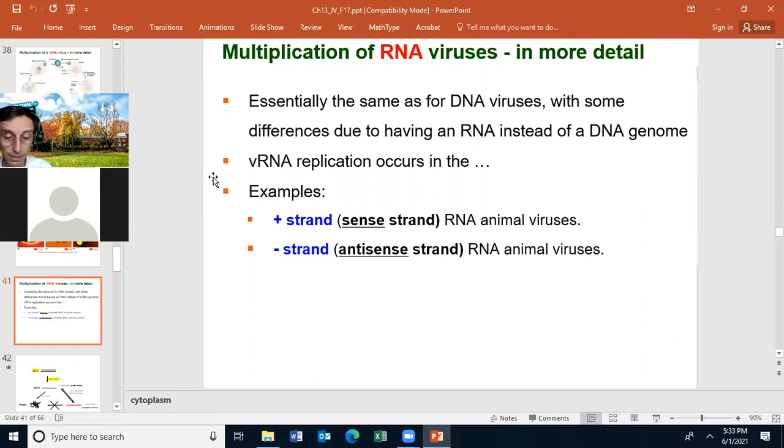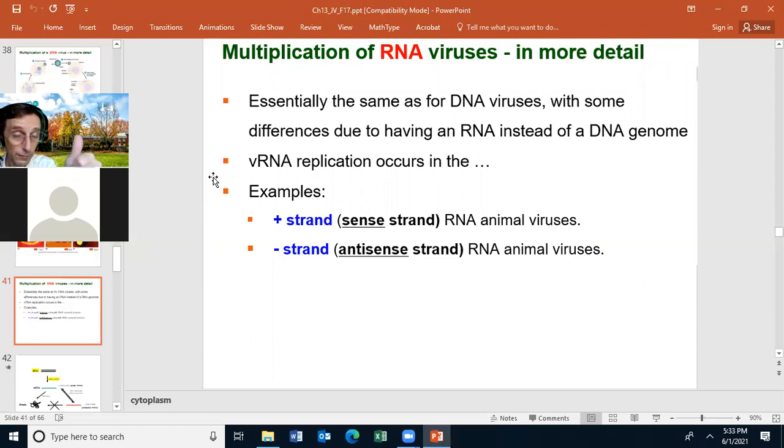And that's because all of the machinery for replicating the virus is present in the cytoplasm. Any question about that?